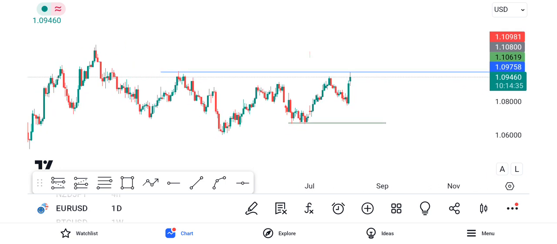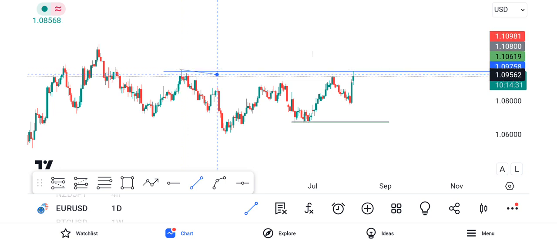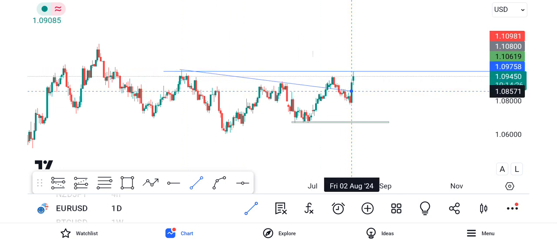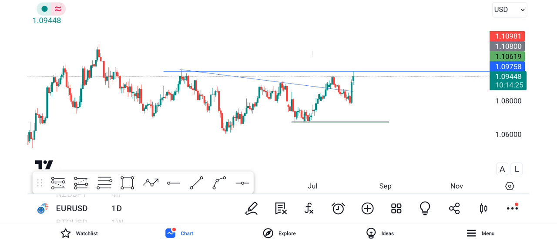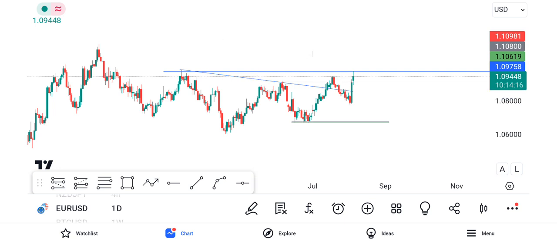And if you can see, this slant neckline has been broken. This head and shoulder slant neckline has been broken, and also the resistance up here has been broken, which is also giving us a clue that it doesn't want to go to the downside again.